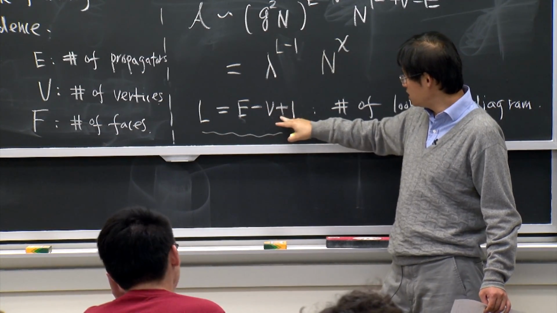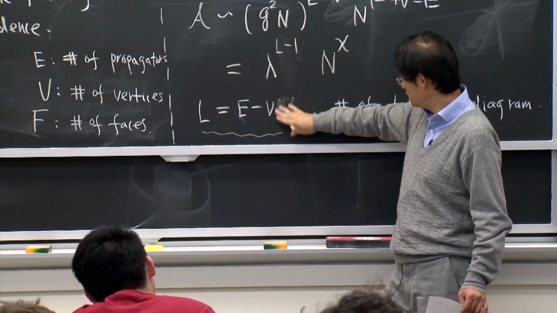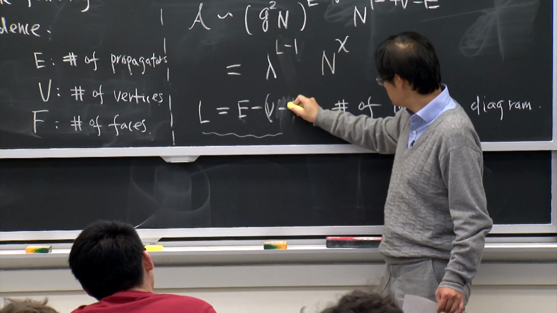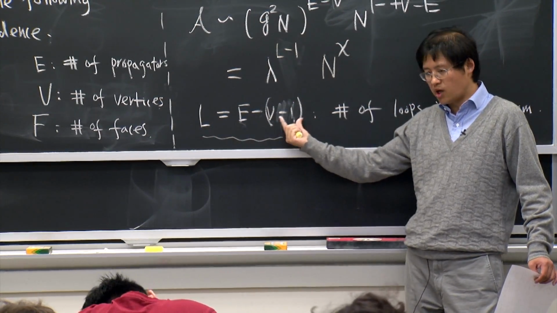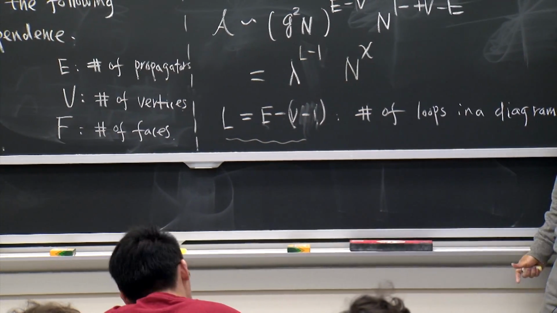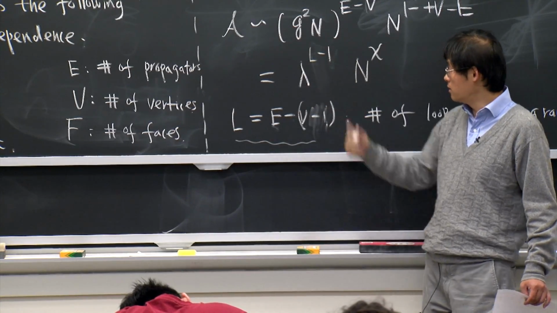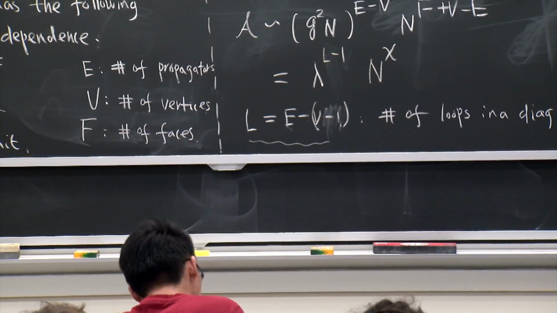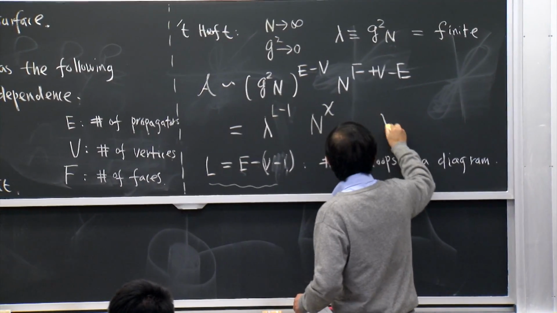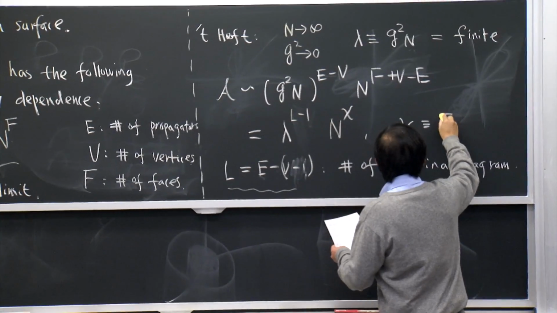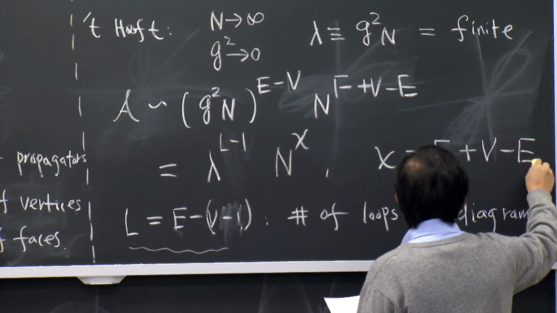So the number of independent momenta is e minus v plus 1, because there are only v minus 1 independent momentum constraints. So this is the number of independent momenta, and so this is the number of loops. And the chi is just defined to be the number of faces plus the number of vertices minus the number of edges.